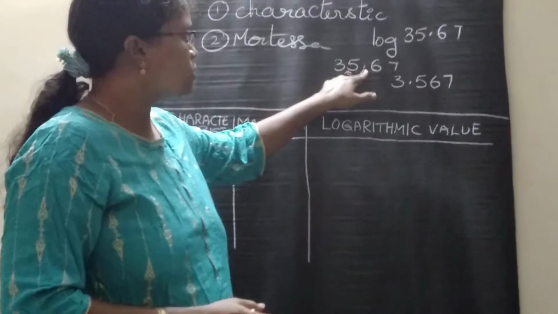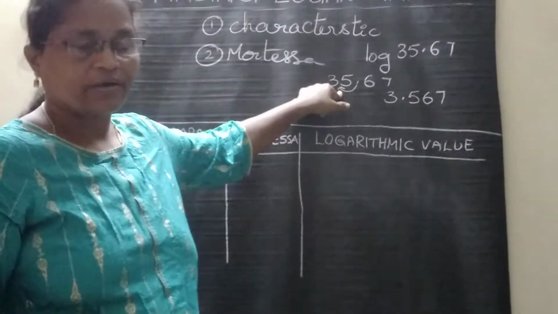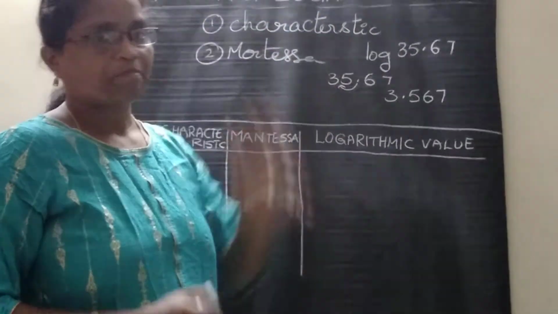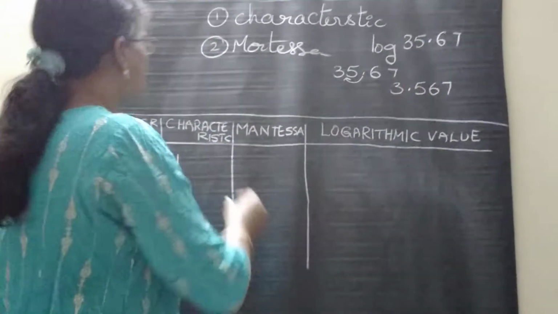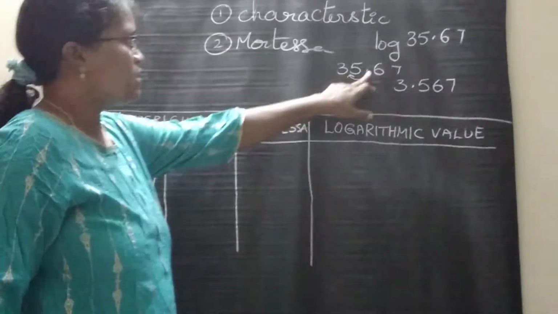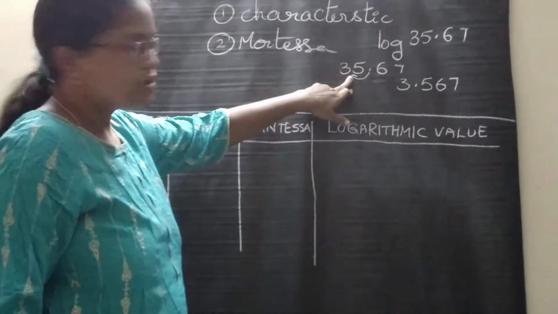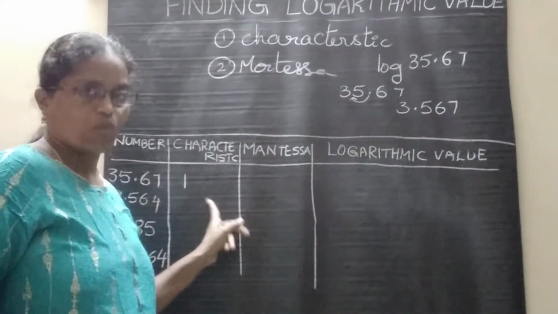Here we put it after one place to get the scientific notation of this number. So here the characteristic is 1, because I moved the decimal point one digit.